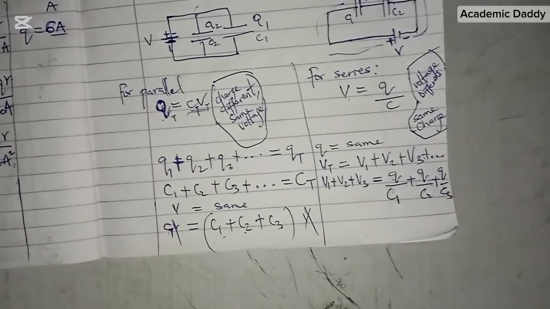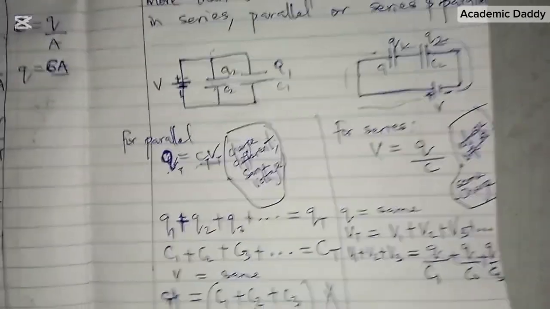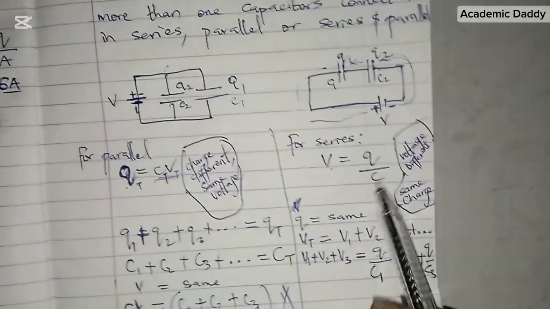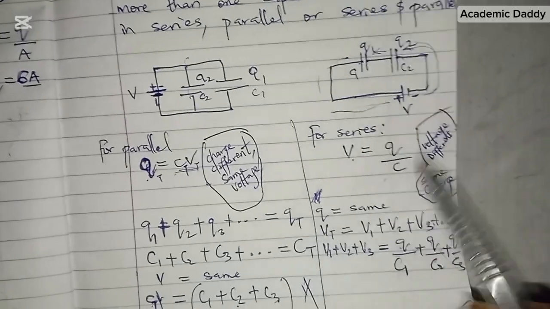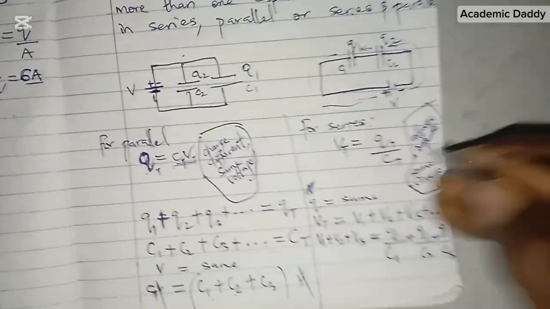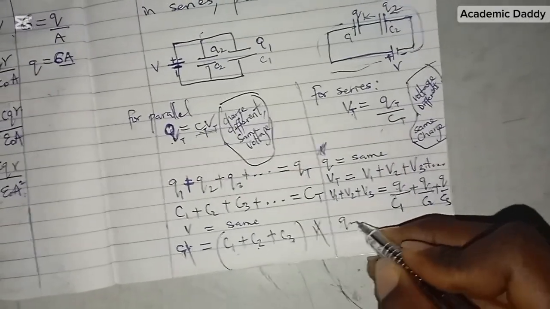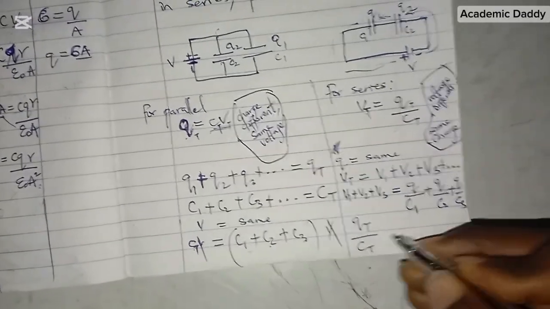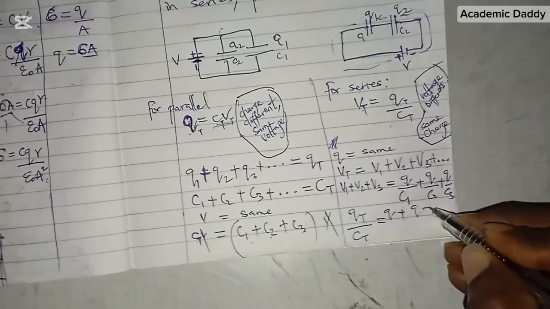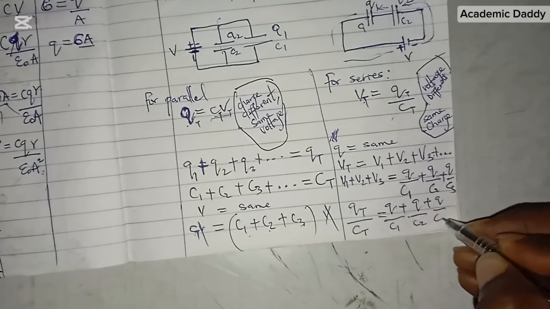Now notice something. We can say from here, the equation V is equal to Q over C. That is total V, total C. So if I replace this now, QT over CT will simply be equal to Q over C1 plus Q over C2 plus Q over C3.